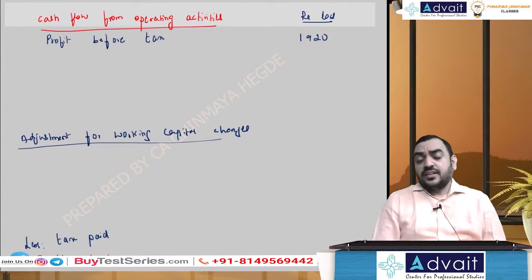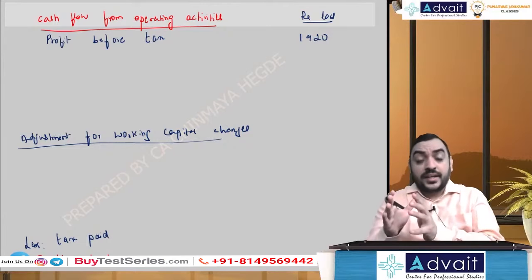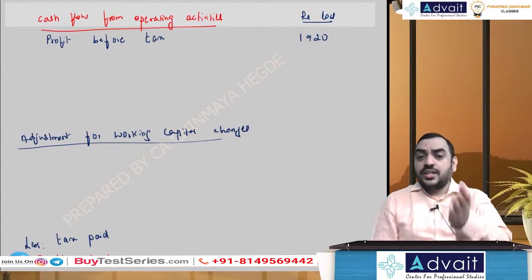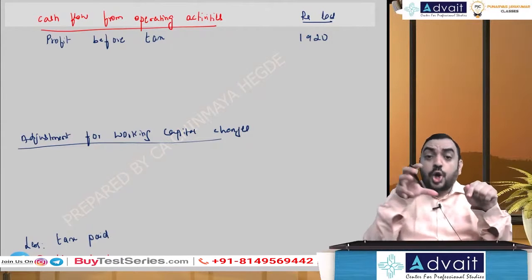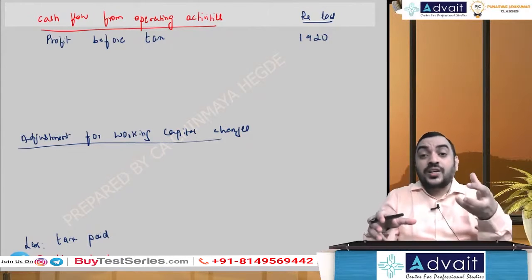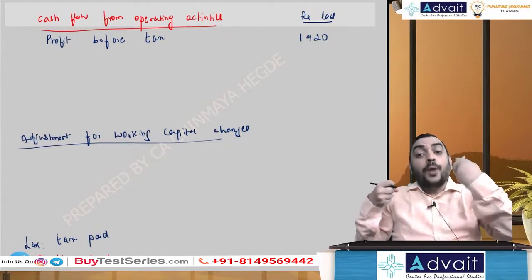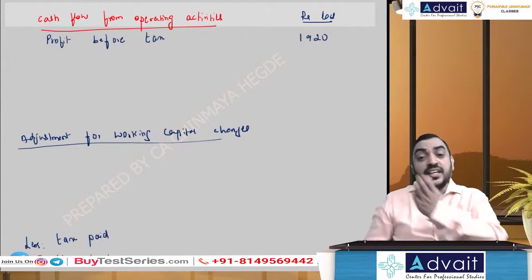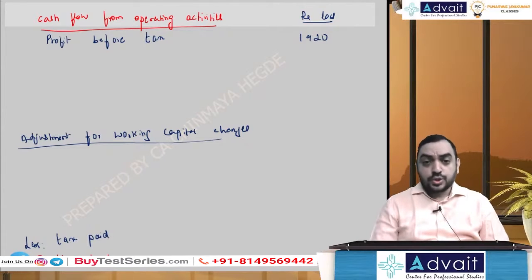What is the name of the heading? Cash flow from operating activities. If it is non-operating, that should be eliminated. If it is non-cash, that should be eliminated. Simple. It is cash from operating activities. So if it is a non-cash item, that should be taken out. If it is non-operating, that should be taken out. It might be investing or financing. We will be taking them under appropriate heads. So where do we start from?